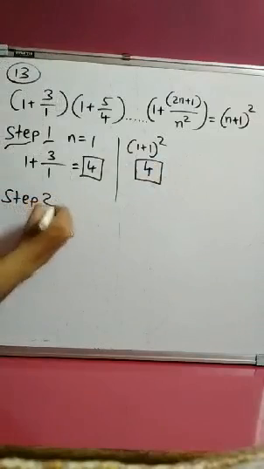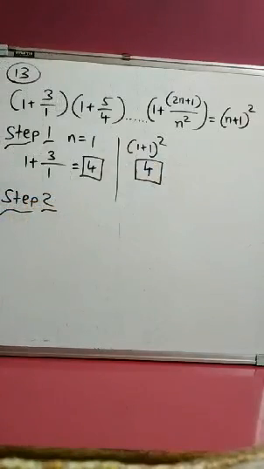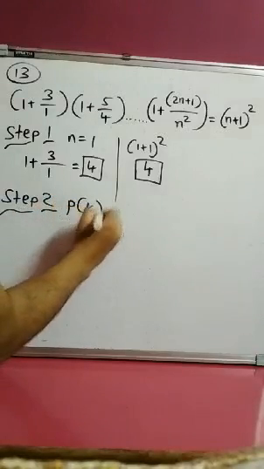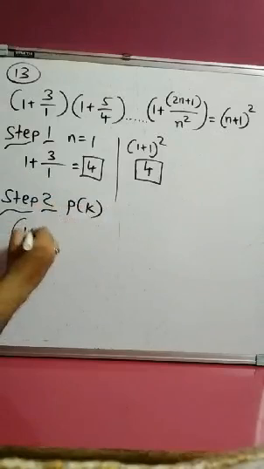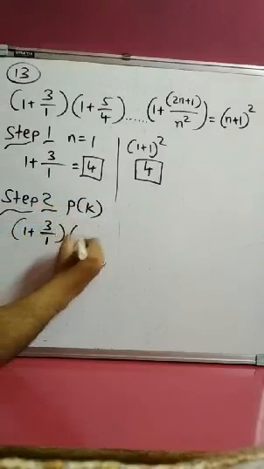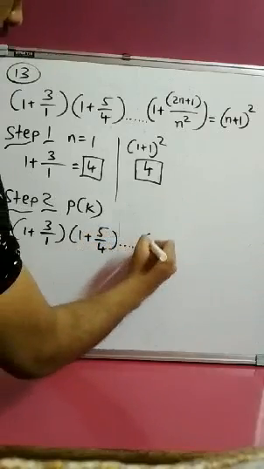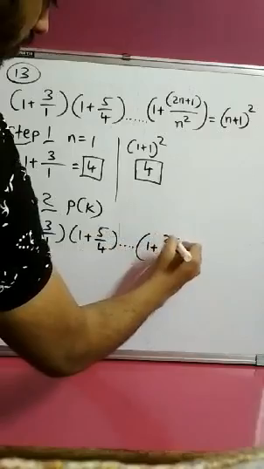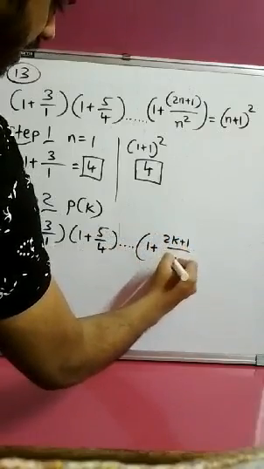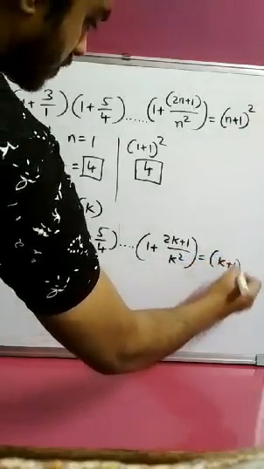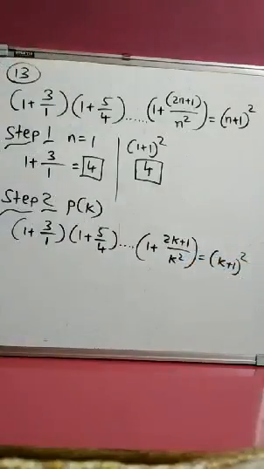Step 2, P of k. P of k is there, 1 plus 3 by 1, 1 plus 5 by 4, 1 plus 2k plus 1 by k square is equal to k plus 1 whole square.